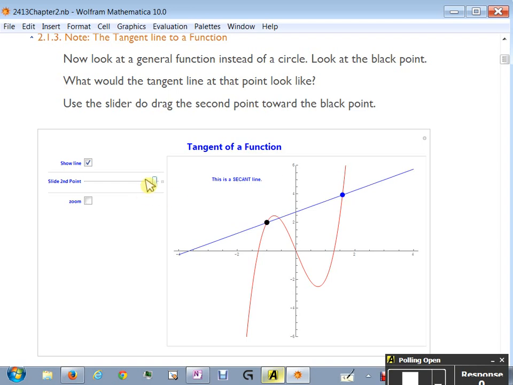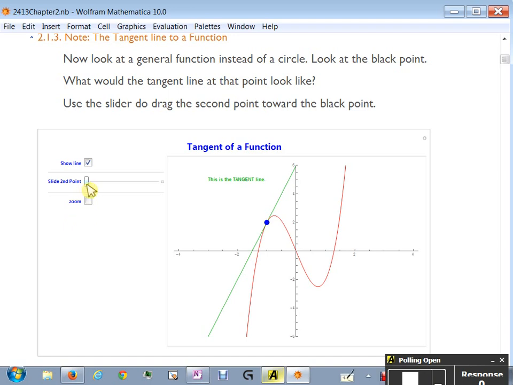And what we want to do is pull that point along the curve until it gets closer and closer to the black point. Once I get right on top of the black point, I have a line, the green one, and that is called my tangent line. That's the geometric idea of what we want to do.